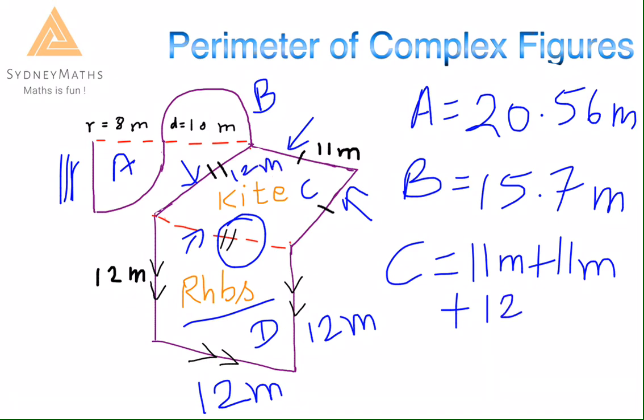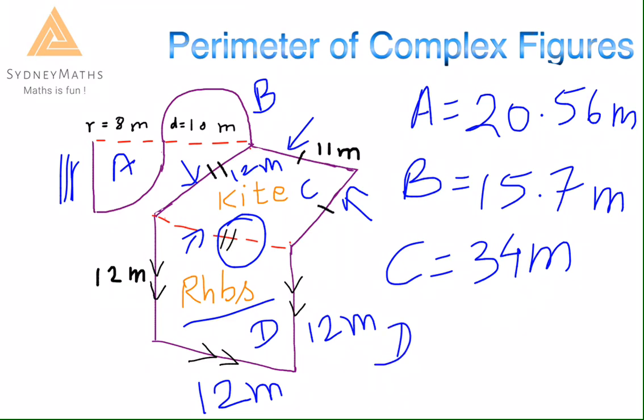Hence, that remaining side becomes 12 meters and the dotted red line is not counted in the perimeter. So for part C, the perimeter is 11 plus 11, which is 22 meters, plus 12 is 34 meters. Let's write that down. 34 meters.